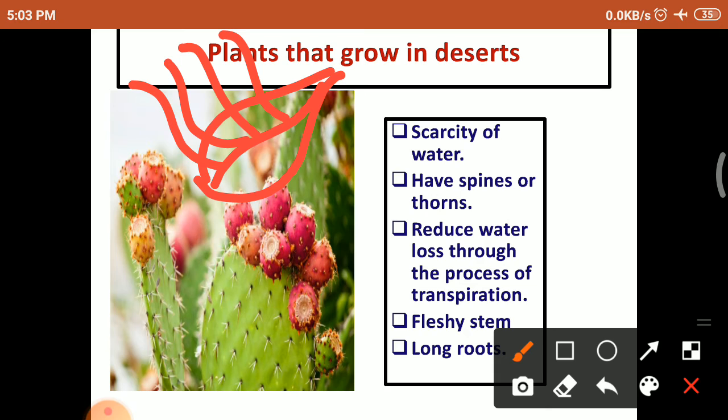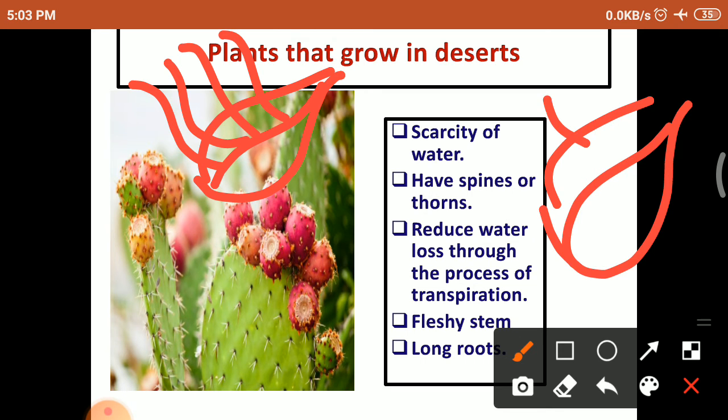In desert, already the water level is low. If this plant had a leaf, again the water level would go low. So these plants do not have leaves. Instead of leaves, they have spines and thorns. Why? Because it reduces water loss through the process of transpiration.